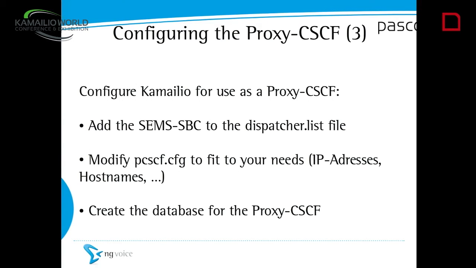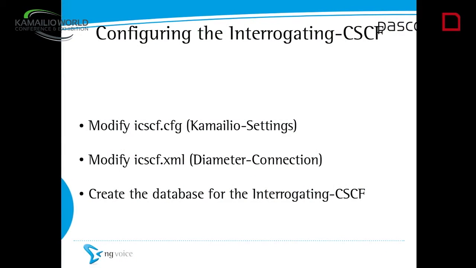Of course, it's always work setting up an IMS core, but it's really just about modifying a dispatcher file, adding the IP address at some defined spaces, and about creating a database. The other components are pretty much the same, and I could basically repeat what I just did 3 times.